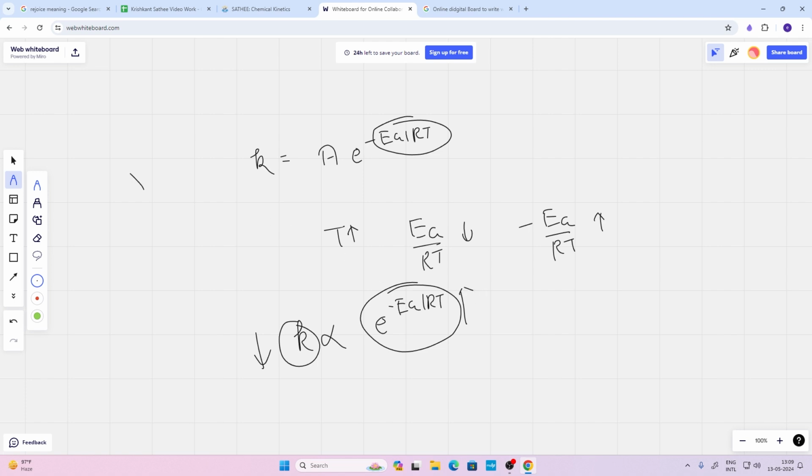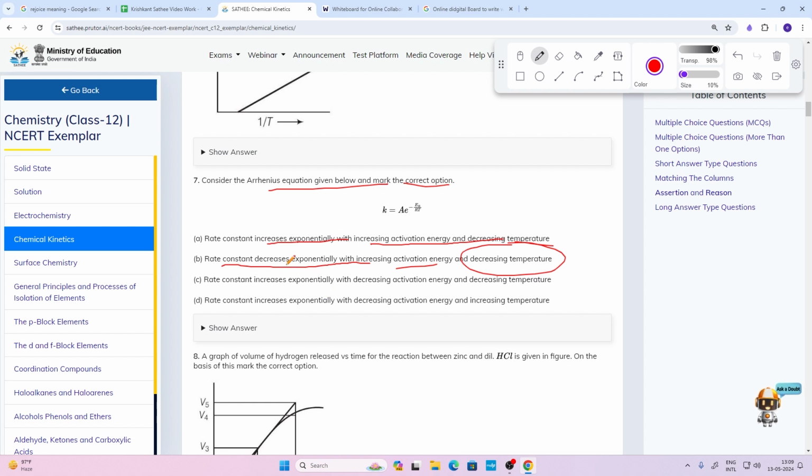And you know very well that rate is equal to K times A to the power something, according to the rate expression. So rate is directly proportional to K. So if K will increase, rate will of course increase. So rate constant increases with increasing temperature, and with decreasing temperature it decreases. So this is a direct relation. Okay, B is also correct.